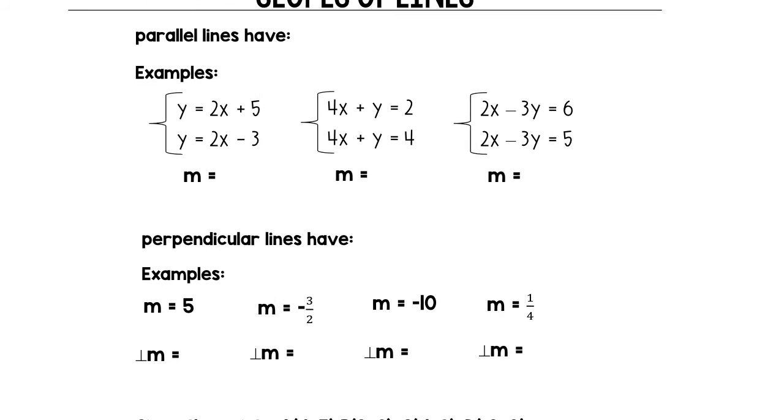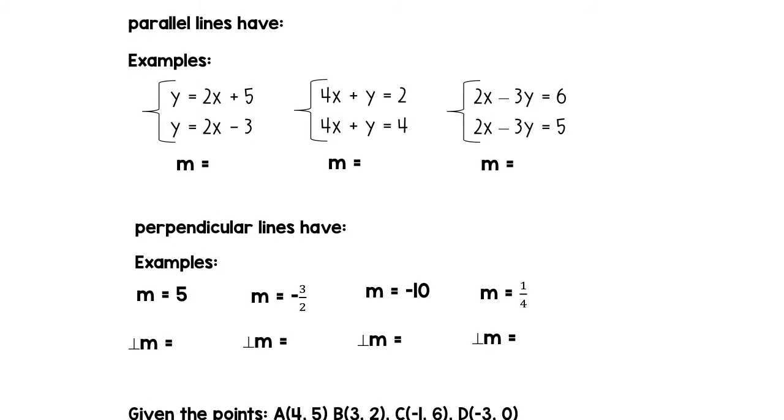Now we're going to talk about the slopes of parallel and perpendicular lines, because now we're in geometry. Those are the kinds of things that we care about. Parallel lines have the same slope. They never intersect.